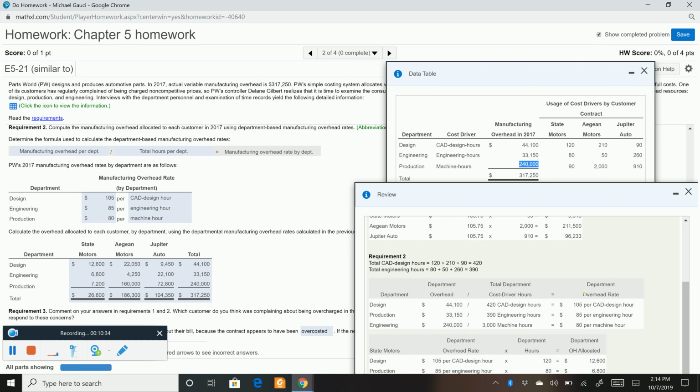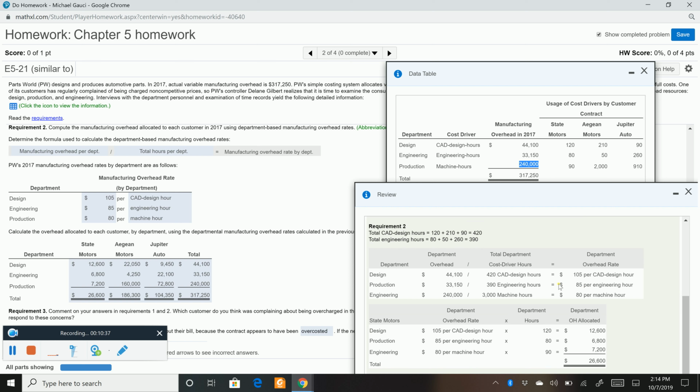So with requirement 2, instead of coming up with one predetermined overhead rate, we're going to come up with 3, one for each department. For the design department, total overhead of $44,100 divided by the hours we spent in design, 120 plus 210 plus 90, which gives us 420 hours. 44,100 divided by 420 gives you $105 per design hour.